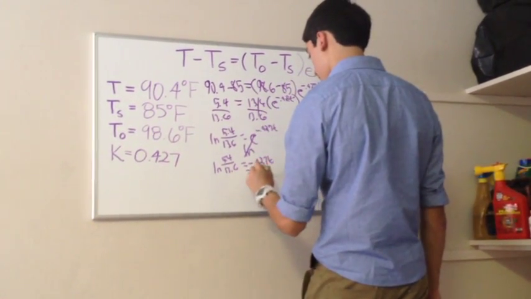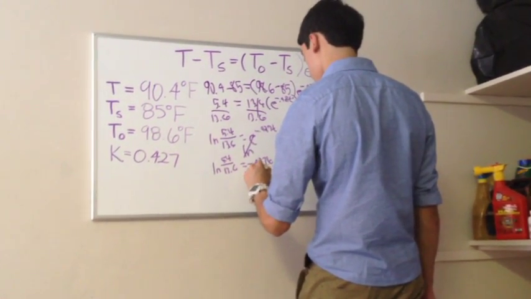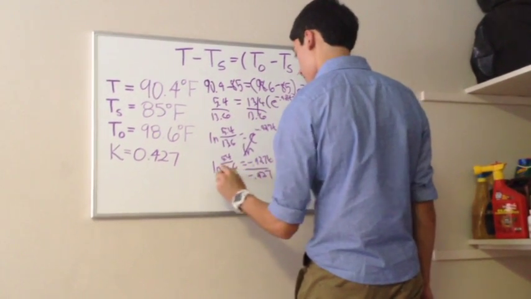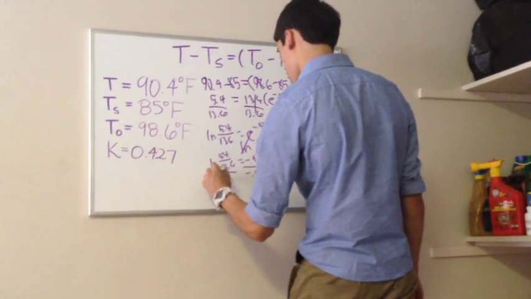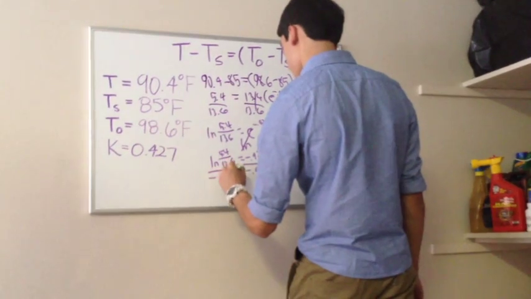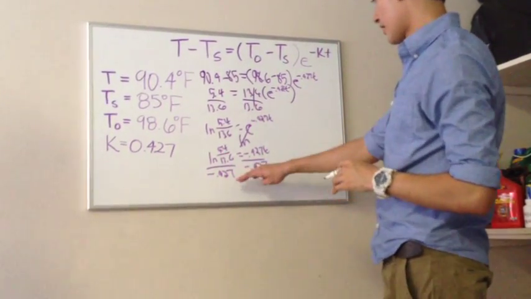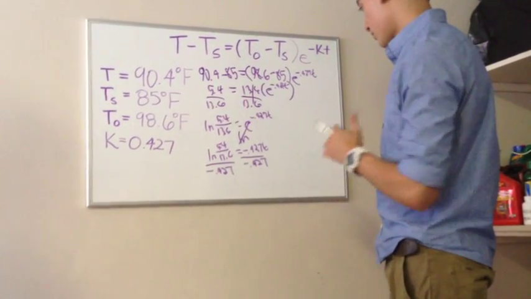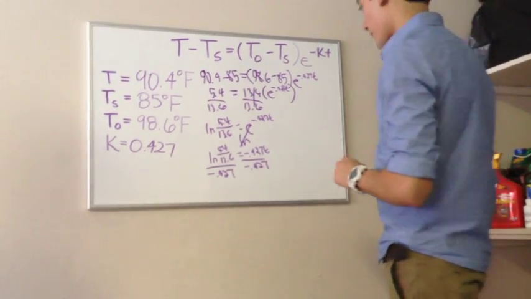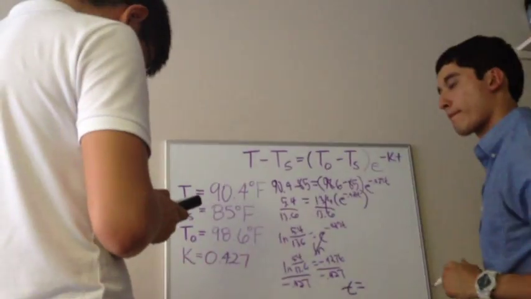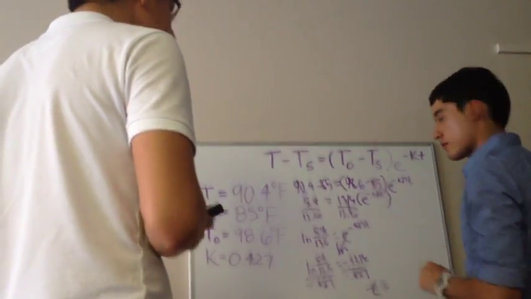So then we divide by negative 0.427. So once we get that, t would equal, let's see, I plug it in the calculator, 2.16.